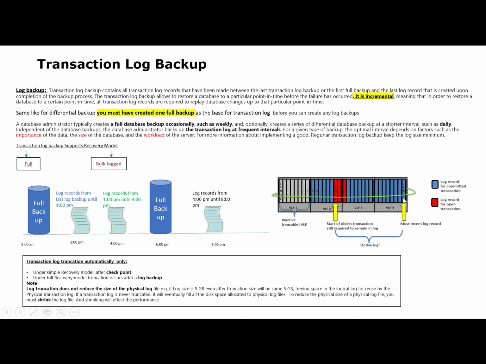The size of the log file will remain the same, but the space will be free to reuse for other transactions. To reduce the file size, we have to use the shrink command, which is not recommended because it will affect the performance as well. So to control the size of the log file, we must take regular backups.